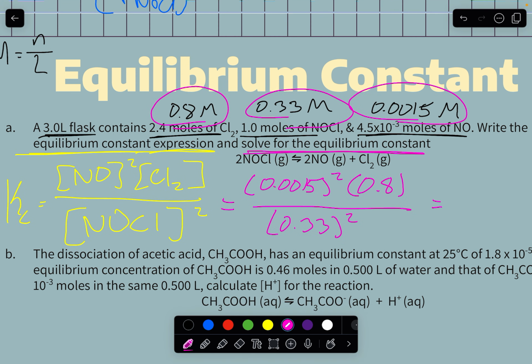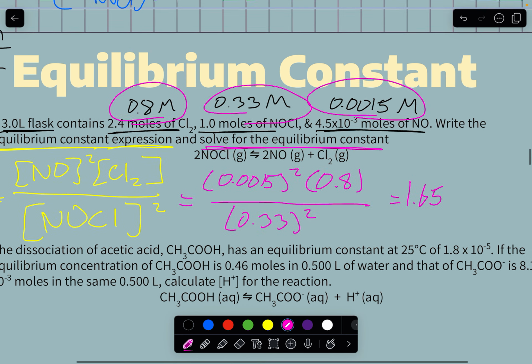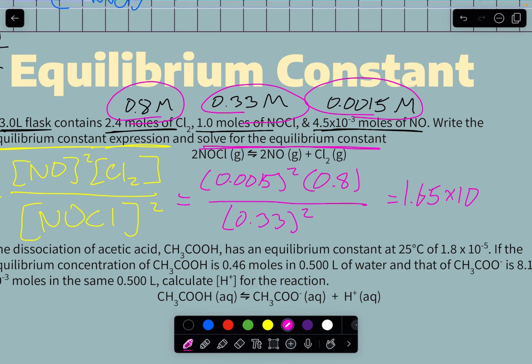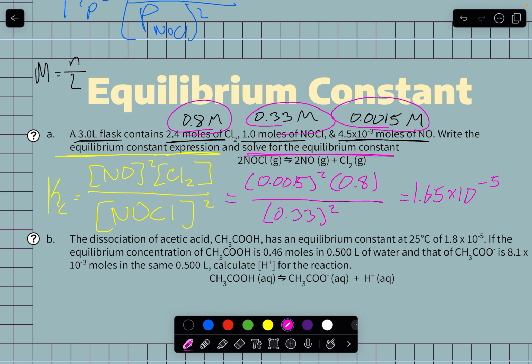Okay, so if we plug this into our calculator, 0.0015 squared times 0.8 divided by 0.33 squared, we get 1.65 times 10 to the negative 5. Okay, and that's that. That's all you're doing. You're just writing the equilibrium constant expression, plugging your numbers in to find what Kc equals.